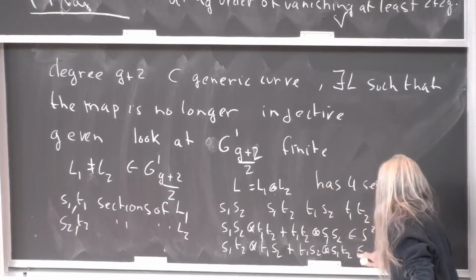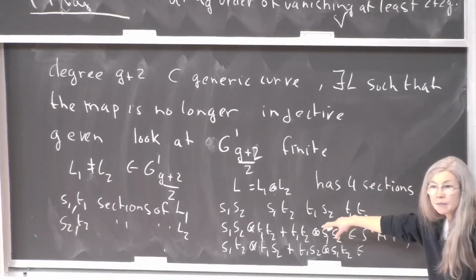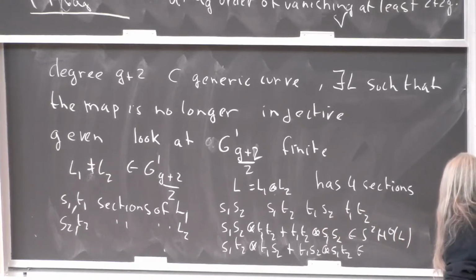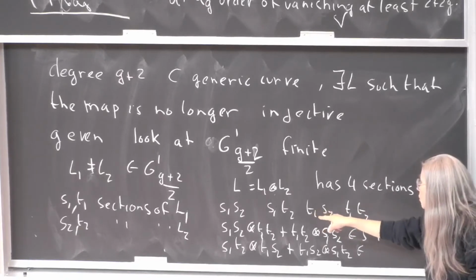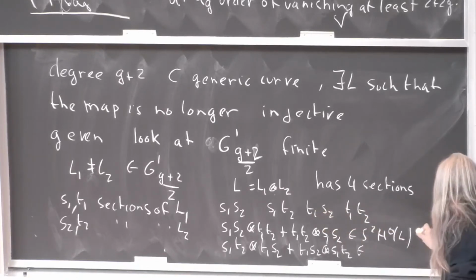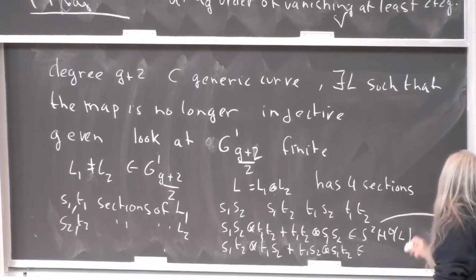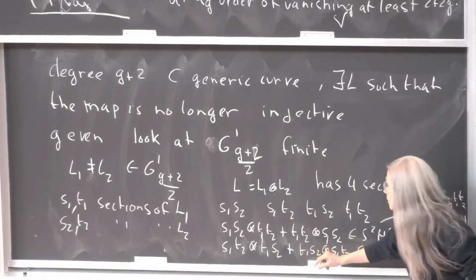That's also here. Now, when I map these 2 sections to H^0 of L squared, both of them are going to map to s1 s2 t1 t2, twice that. So if I take the difference of these 2 sections, I get an element in the kernel.